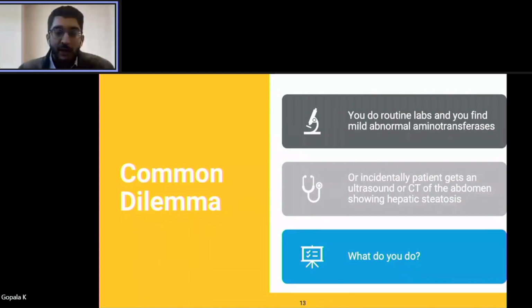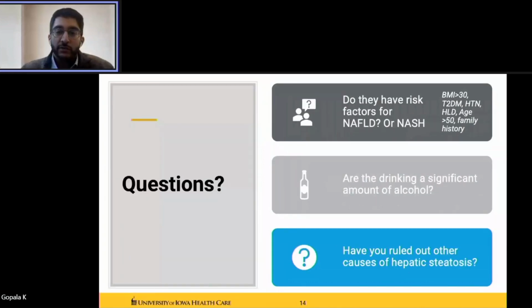Or they had some other workup and were incidentally found to have hepatic steatosis on an ultrasound or some sort of imaging. So what do you do? You need to ask yourself, do they have risk factors for NAFLD or NASH? Do they have high BMI, diabetes, age greater than 50, family history? Second, are they drinking a significant amount of alcohol?